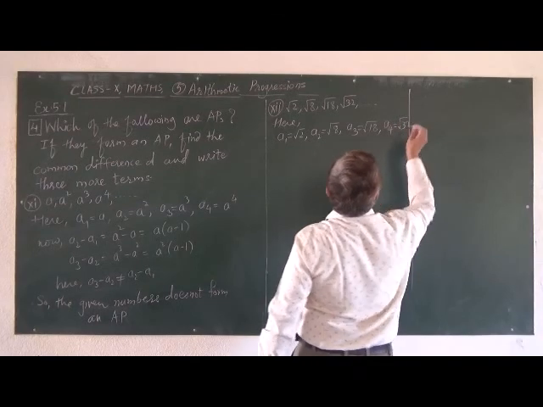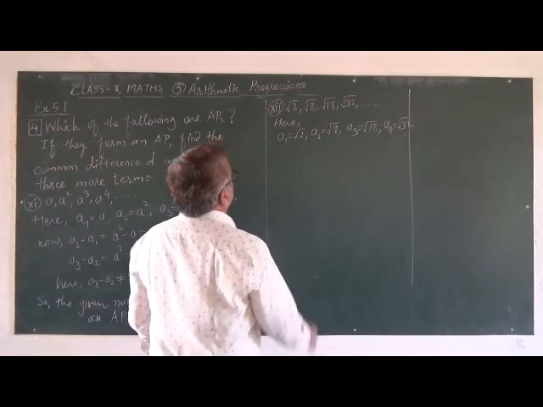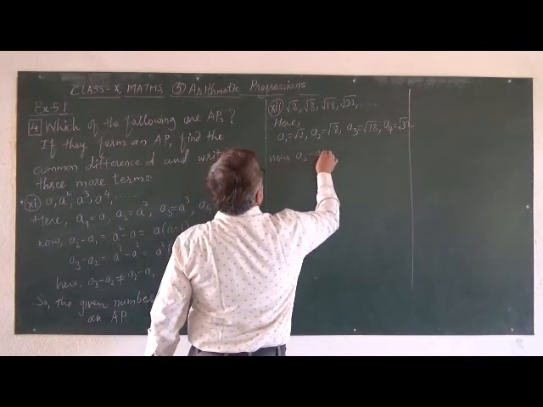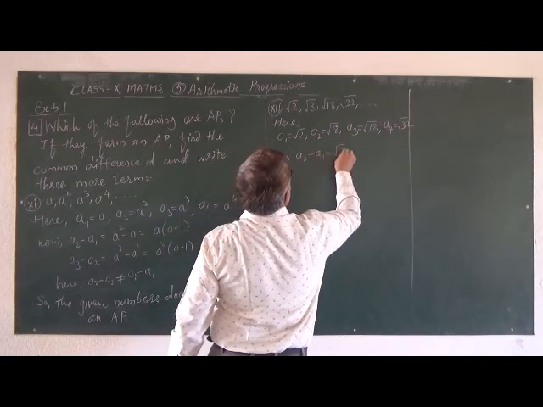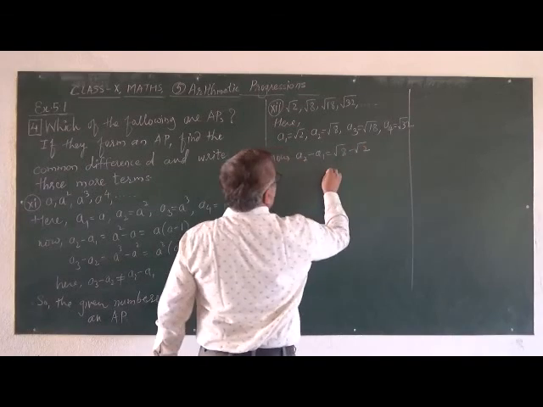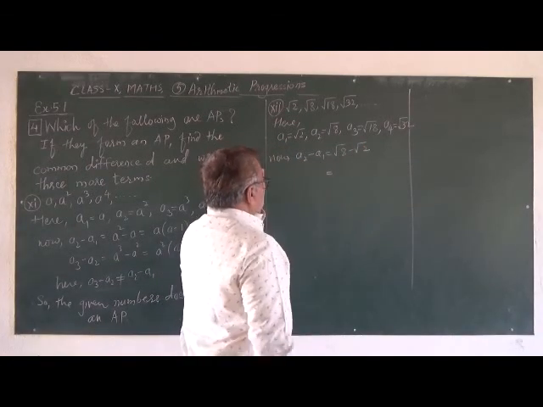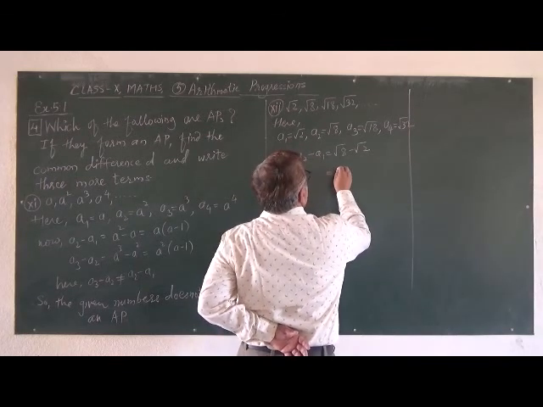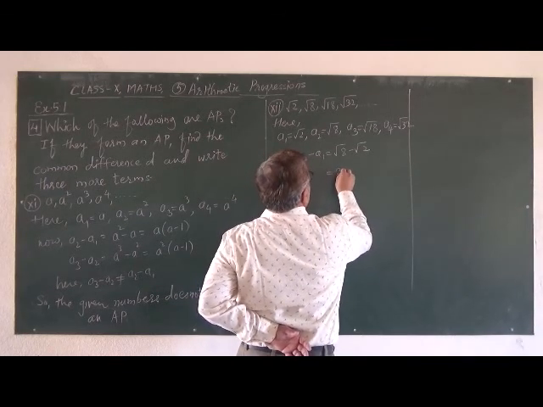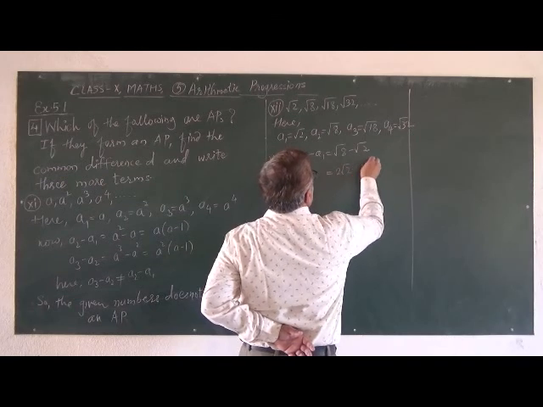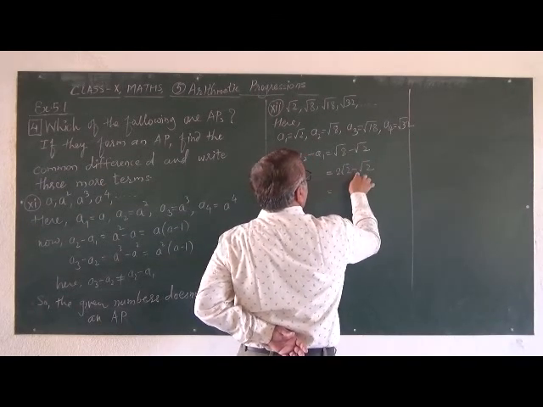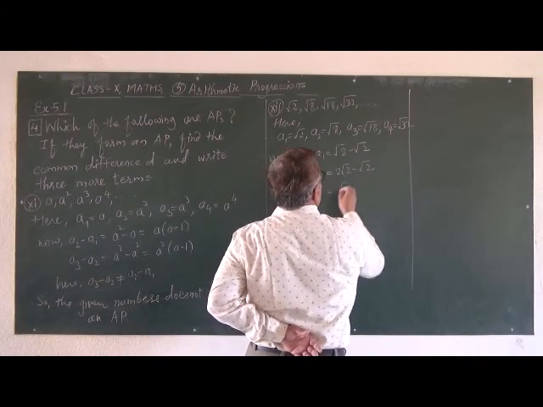Now you take A2 minus A1. A2 is root 8 minus root 2. So root 8 can be written as 2 root 2, so it will be 2 root 2 minus root 2. So 2 minus 1 is 1, and 1 we generally do not write, right?